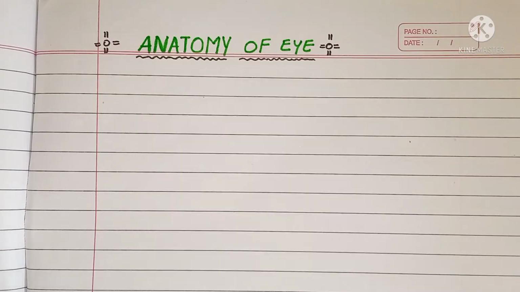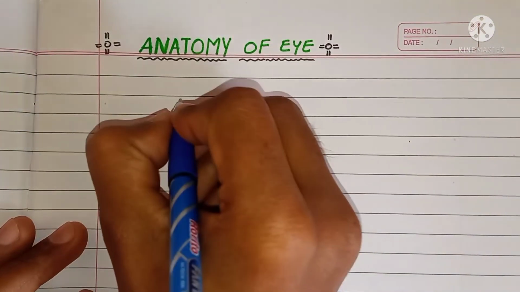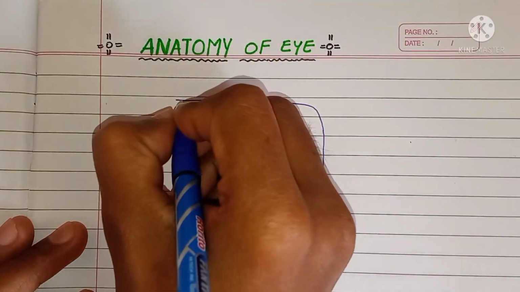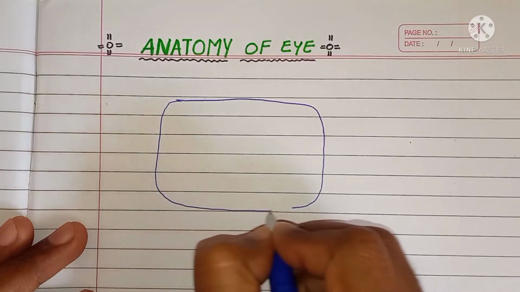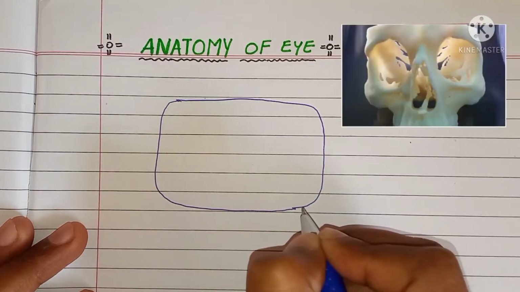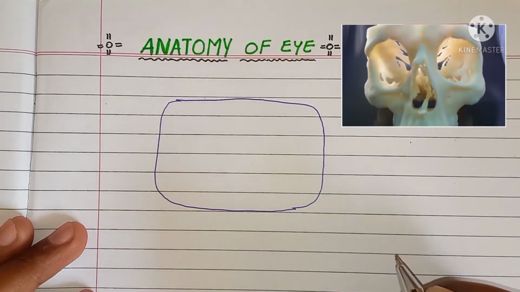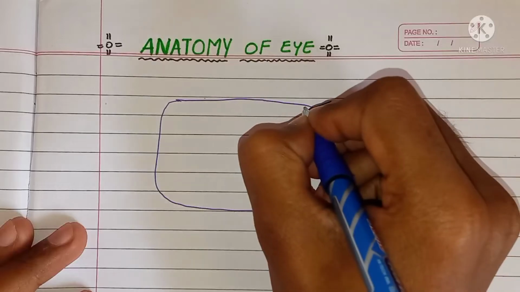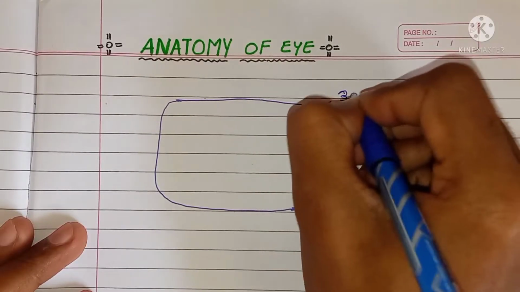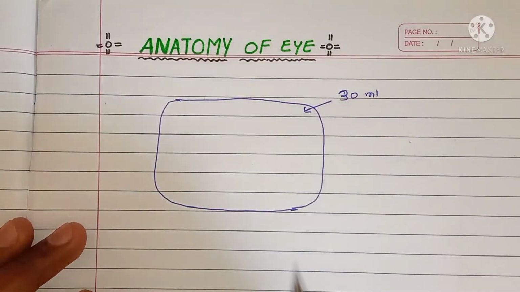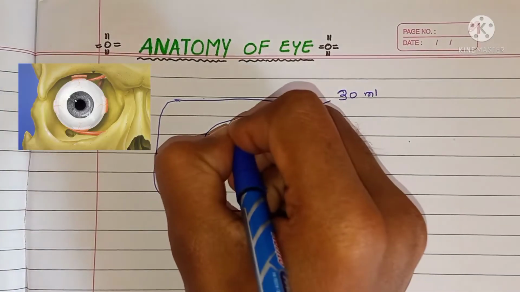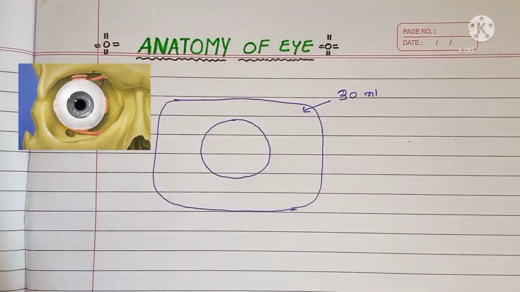So we know that the eye is situated in an orbit. Just assume that this is the orbit, and we know that the orbit is inside the skull. The orbit's volume is about 30 ml, and our eyeball is situated inside this orbit. So this is our eyeball.